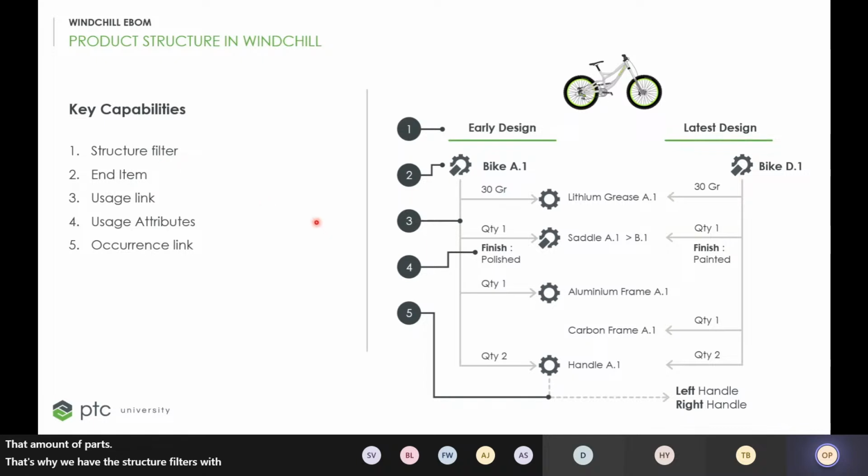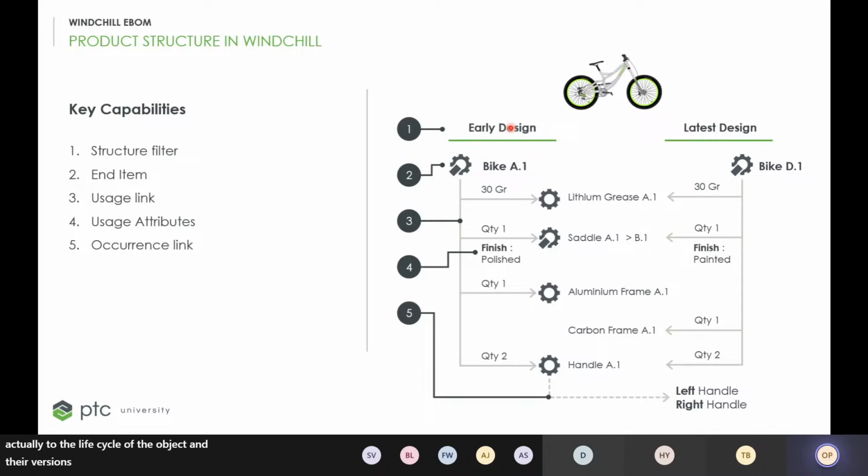With the structure filters, we display from a complex bill of material only the portion that we have to work with. And also, the filter is referring to the point in time that you want to display. When I'm referring to the point in time, I'm referring to the life cycle of the object and their versions.